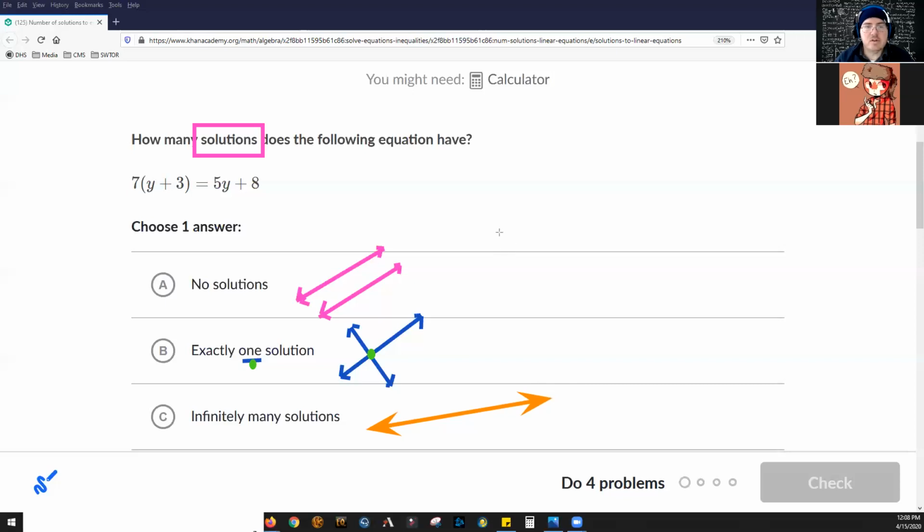Infinite solutions is when you have two lines that are exactly on top of each other, because they are always going to have the exact same answers. So that's the visual version of no solutions, one solution, and infinite solutions. But we're not graphing these at the moment. So what are we talking about when it comes to an equation version of these things?